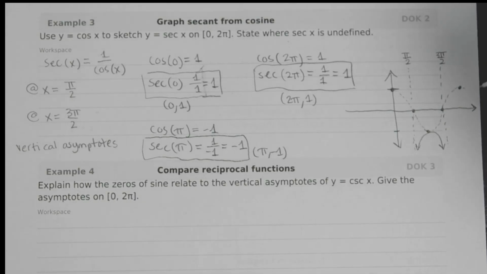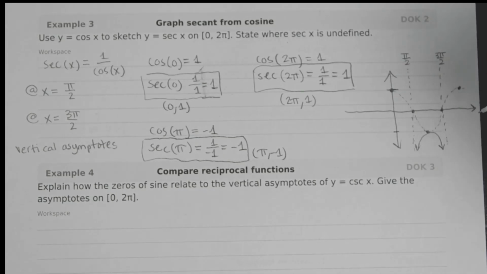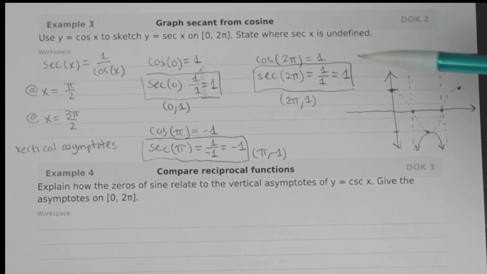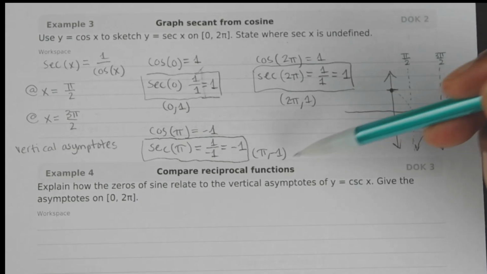And then, of course, this would go to pi, 2 pi. If we wanted to graph this, we could continue using these points: (0, 1), (2 pi, 1), and (pi, negative 1).